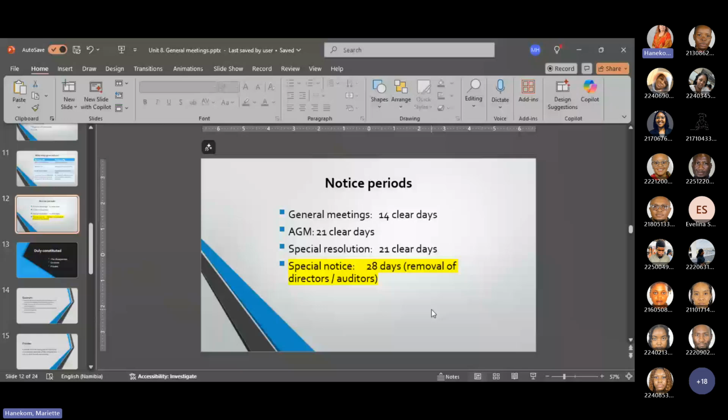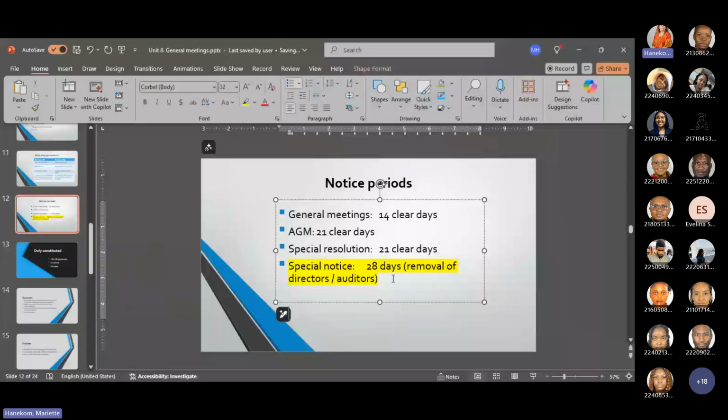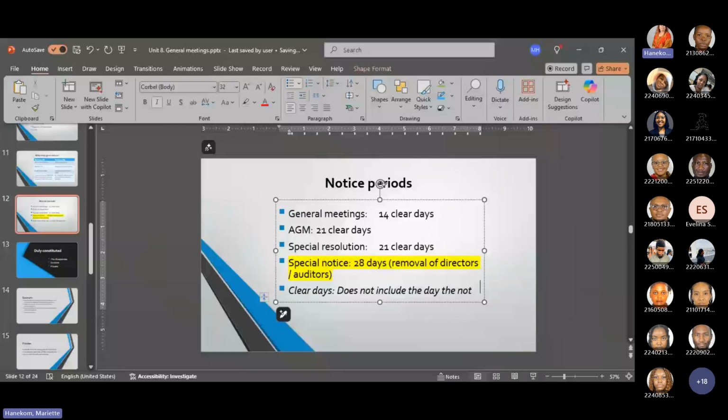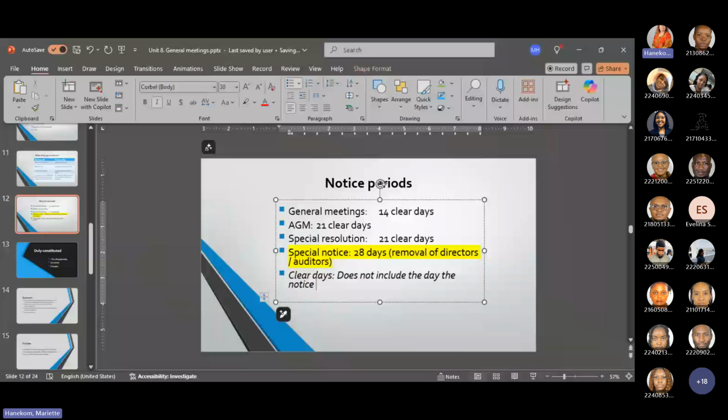How do you calculate clear days? I don't have a slide for this, so I'm going to put it here. You count your clear days. It does not include the day the notice is sent or the day of the meeting.